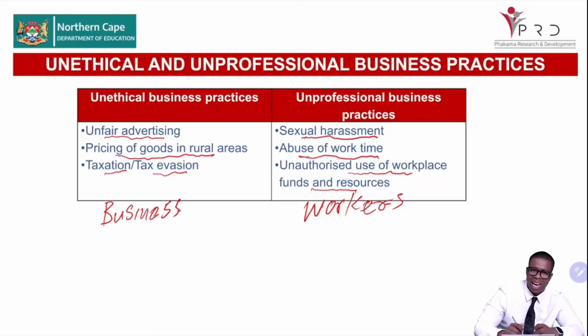It is not allowed by the workplace or business for you to use their funds, which is money, and resources, maybe Wi-Fi of the business, maybe the paper of the business, maybe the computer of the business, and use them for your personal use. If you are doing that, you are considered to be unprofessional. And this can lead you to losing a contract or being dismissed by the business.